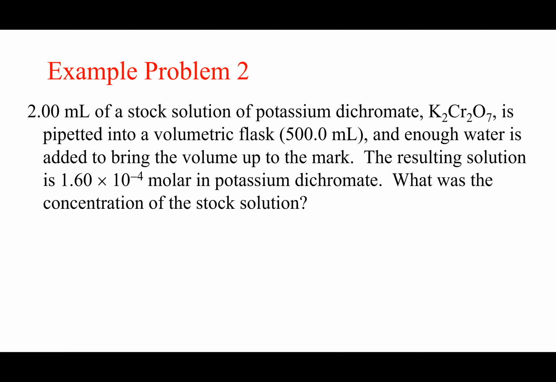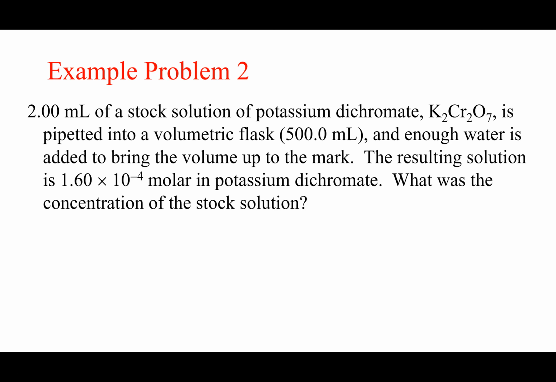Notice I'm not given the molarity of my stock, but I am given the molarity of my diluted solution. So over here on the right, I'm going to put 1.60 times 10 to the negative 4th molar, and the solute is K2Cr2O7. What that means, I'll unpack that.